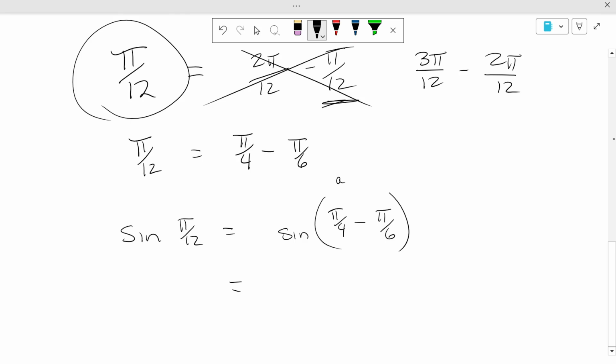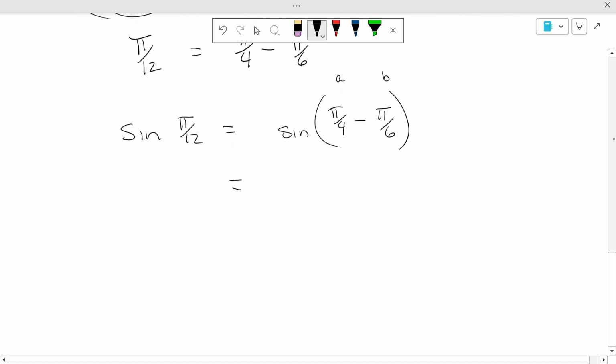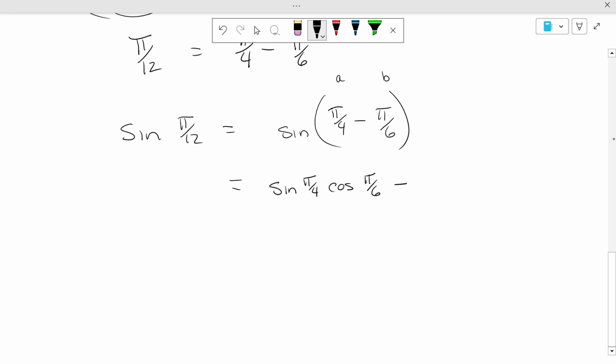Here's your A, here's your B. And so it's sine of A cosine of B minus cosine of A sine of B, correct? From your note card, it's sine of A cosine of B minus, because there's a minus sign here, so there's a minus sign here, cosine of A sine of B.